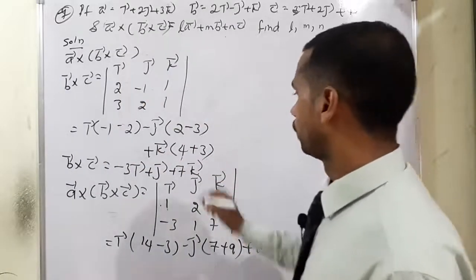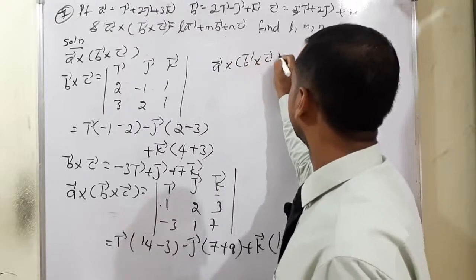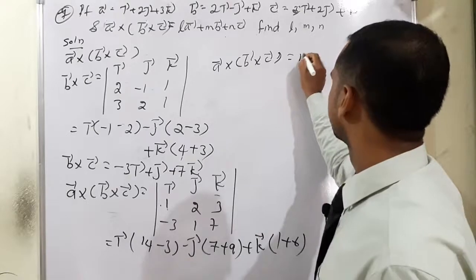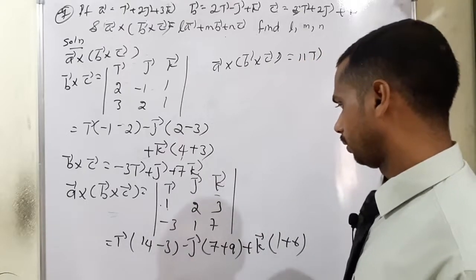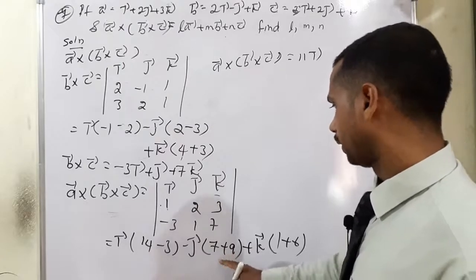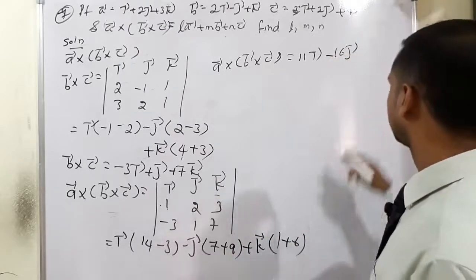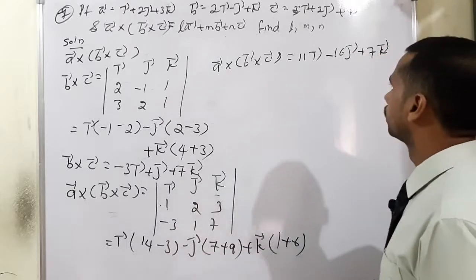So A vector cross (B vector cross C vector) is 14 minus 3, so 11 i vector. Next, 9 plus 7 is 16, minus 16 j vector. 1 plus 6 is 7, so plus 7 k vector.